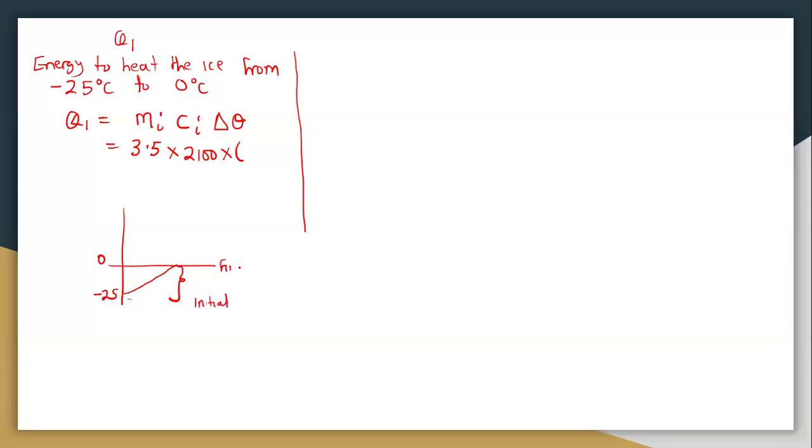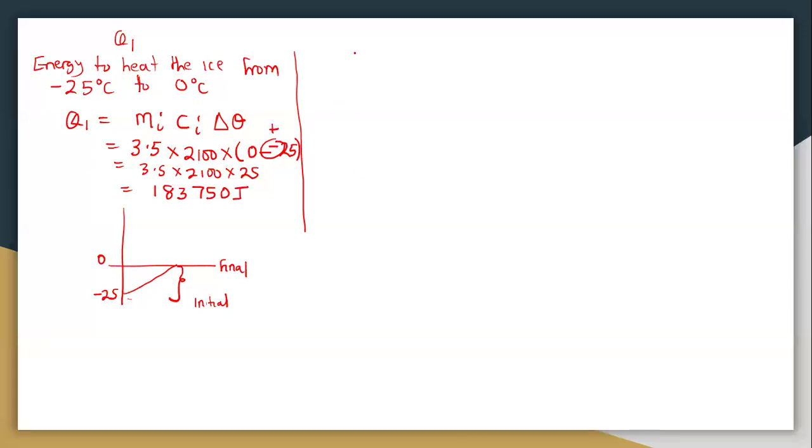Then this 0 is what we call our final. So we shall have final temperature minus the initial temperature. So here we shall end up with 3.5 times 2100, then times 25. Because when the negative and negative meets, we get a positive. So here when you multiply on your calculator, you get 183,750 joules. That is our quantity 1.